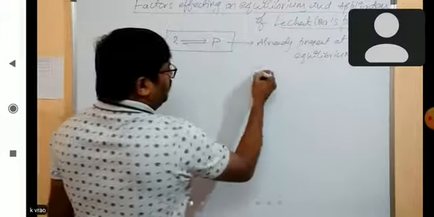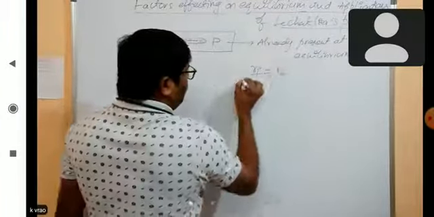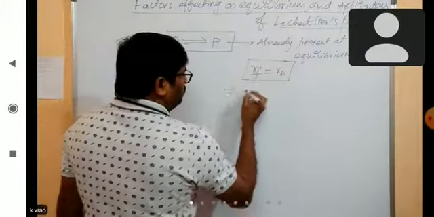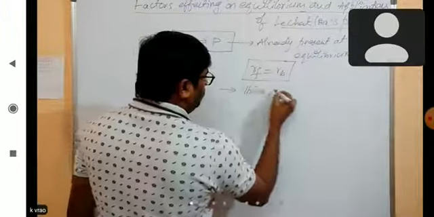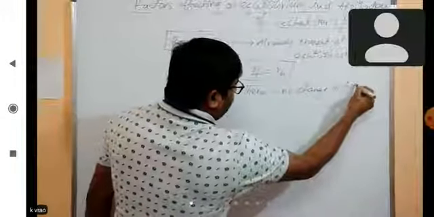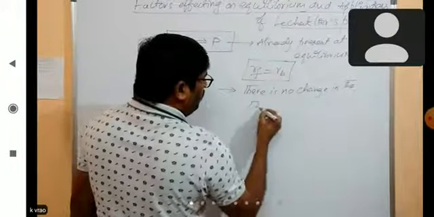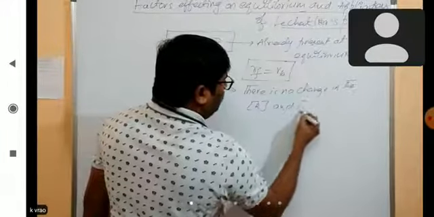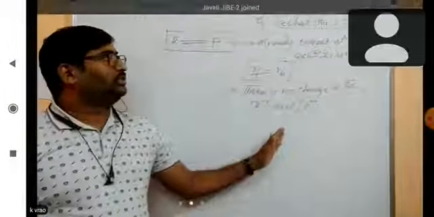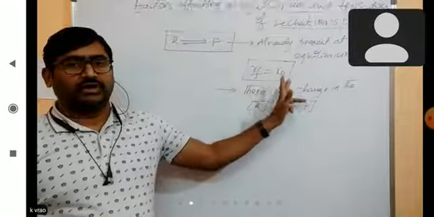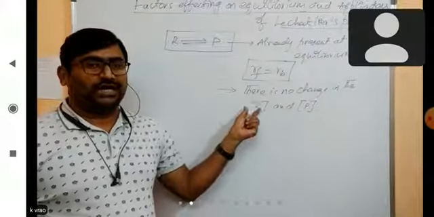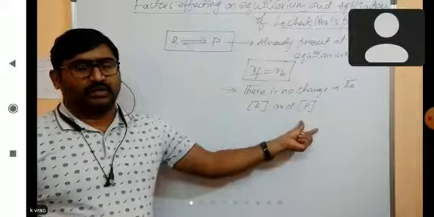That means the rate of the forward reaction is equal to the rate of the backward reaction, and there is no change in the concentration of the reactants and the products. This is the equilibrium condition.